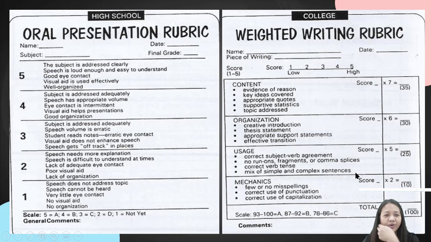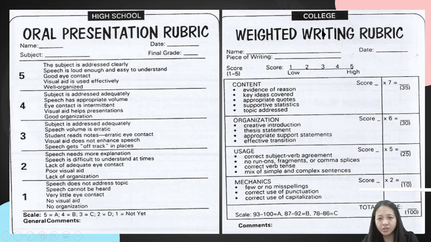And then the high school oral presentation rubric. For high school it is more complicated, but you have their skill. This one, 5 means A, 4 means B, 2 means D, 1 means not yet, with each description here. So 5 is the highest level.